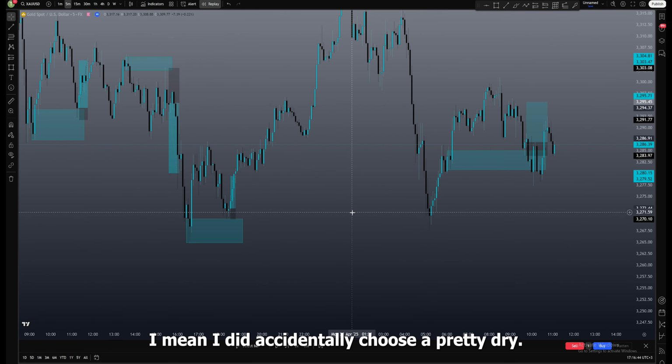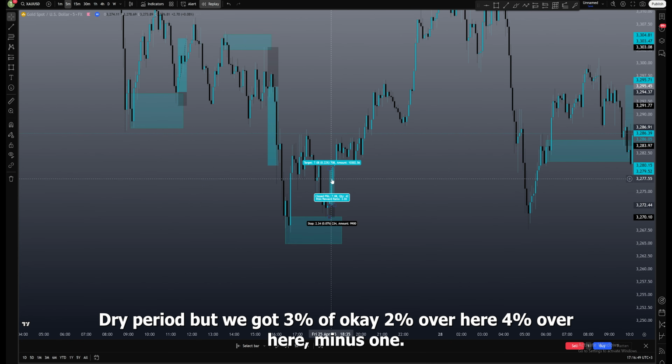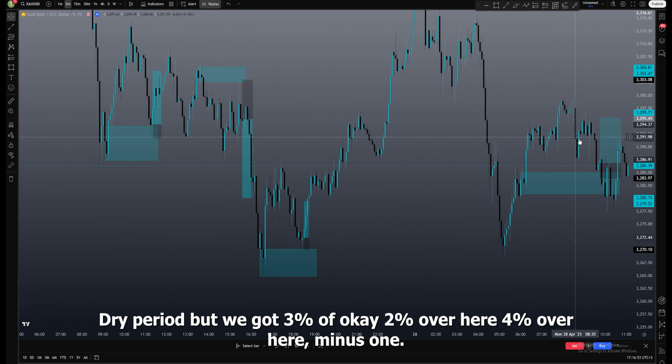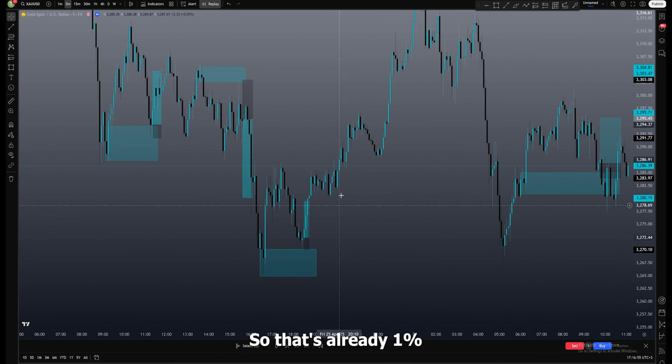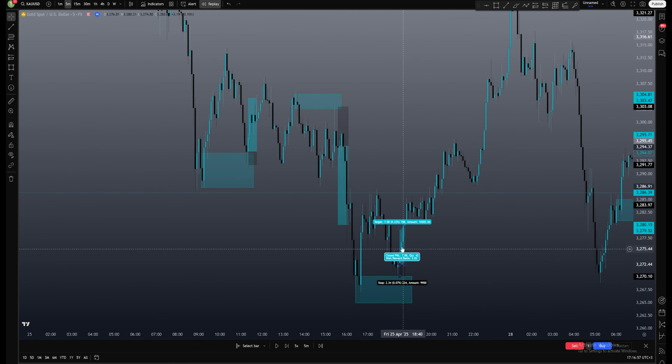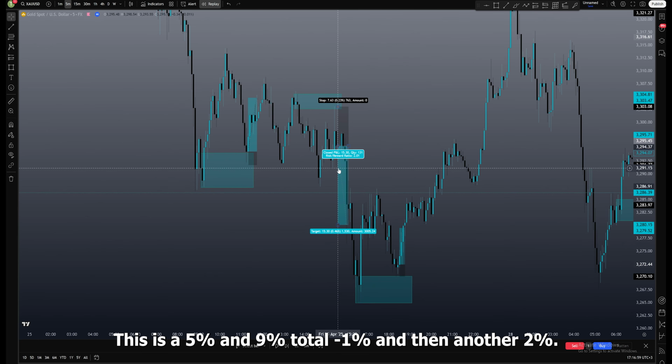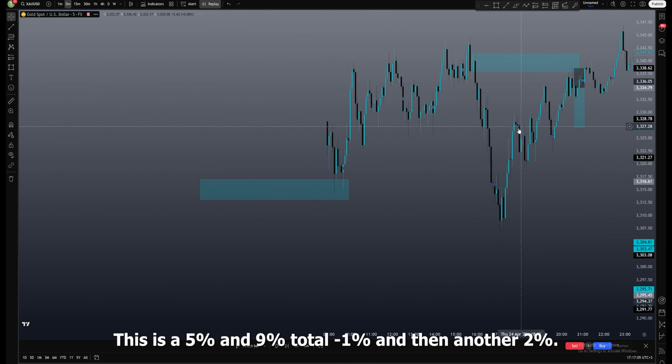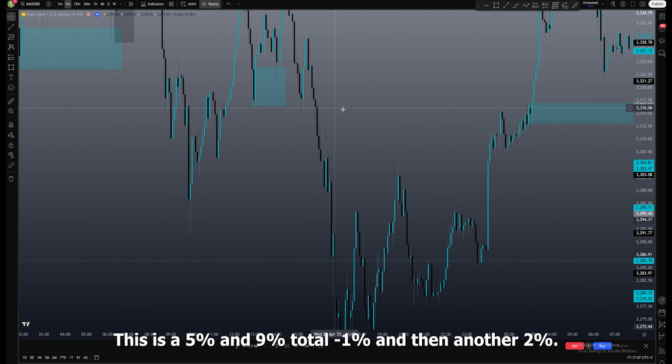I did accidentally choose a pretty dry period, but we got 3% over here, 2% over here, 4% over here, -1%. So that's already 1%, 2%. That's 5% and 9% total, -1%, and then another 2%.